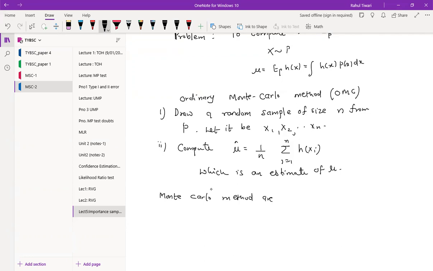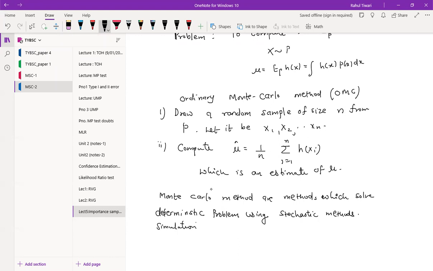Monte Carlo methods are the methods which solve a deterministic problem using stochastic methods, where simulation does exactly the opposite job.